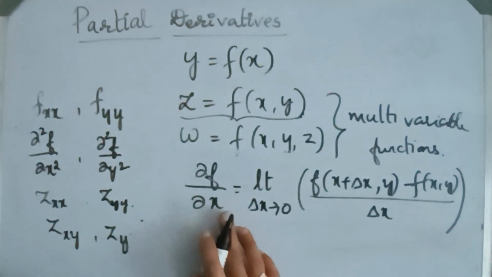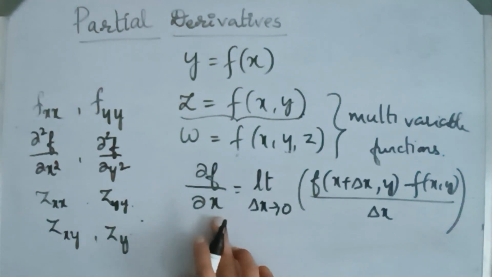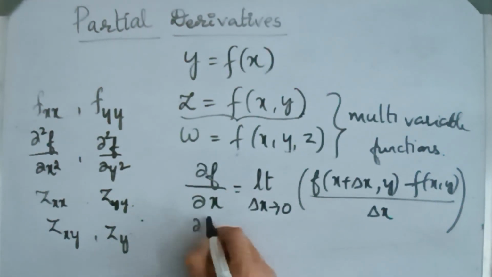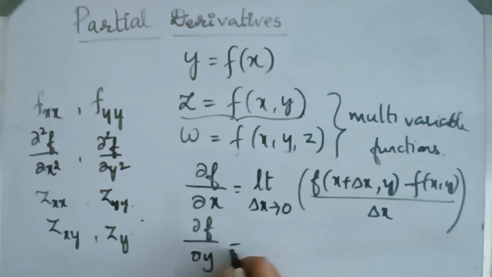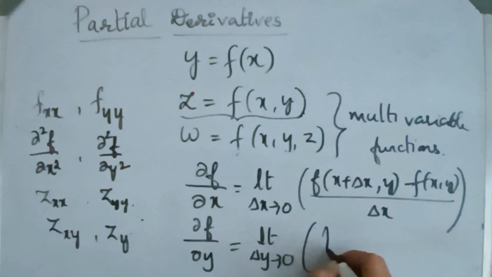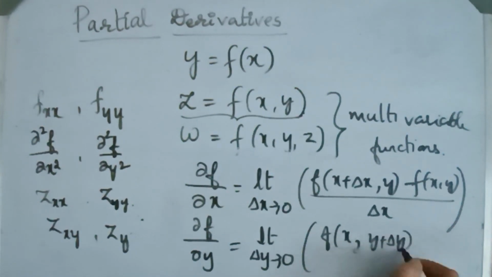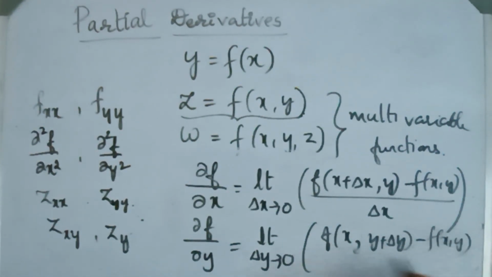This is the mathematical definition of the partial derivative of f with respect to x using the concept of limit. Similarly, dou f by dou y equals the limit as delta y tends to 0 of f of x comma y plus delta y minus f of x comma y divided by delta y.